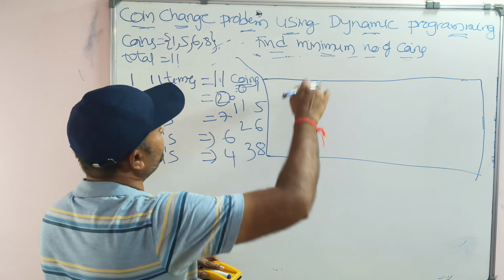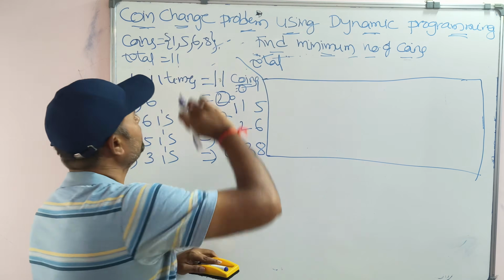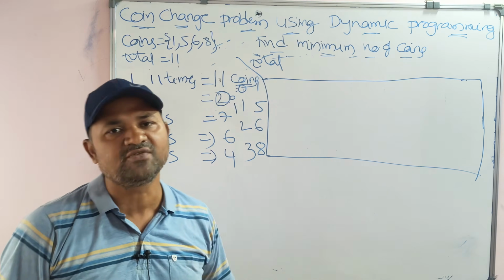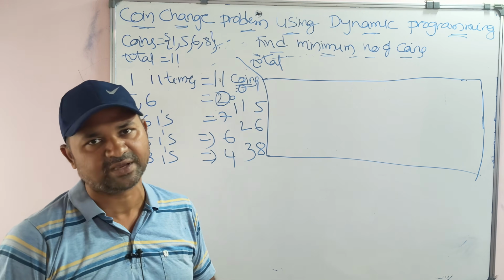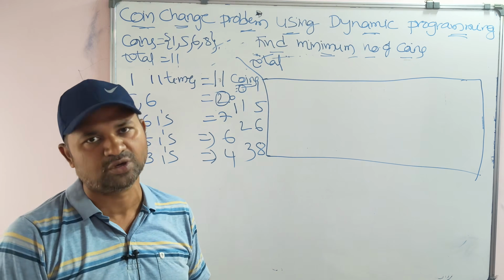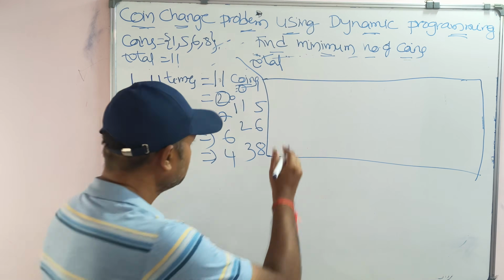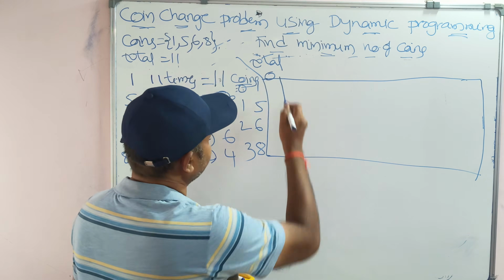Next, in order to represent the columns, we are using this total. Here what is the total? 11. Here we are solving the problem using dynamic programming. Dynamic programming means we can't solve the problem as a whole. We have to divide the problem into several sub-problems. So here we have to solve like this.